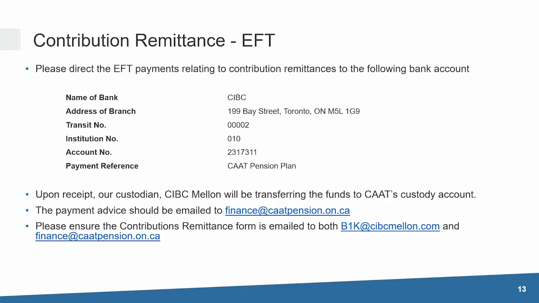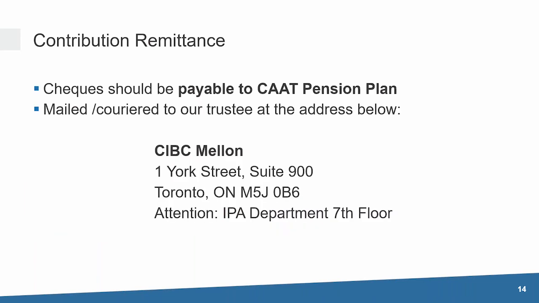This slide summarizes CAT's EFT instructions, as noted above. Should you pay by check, CIBC Mellon, which is the CAT's custodian, their address is listed above in this slide. This information is also available on our website within the employer manual.